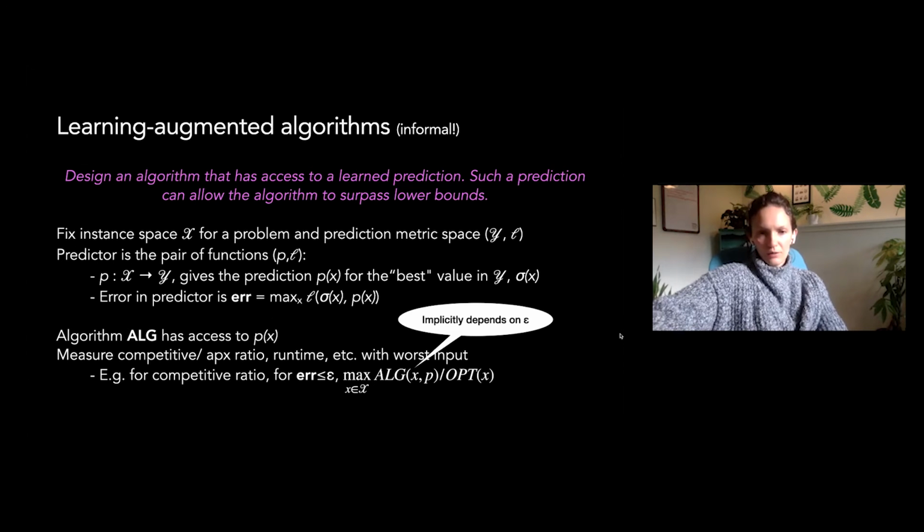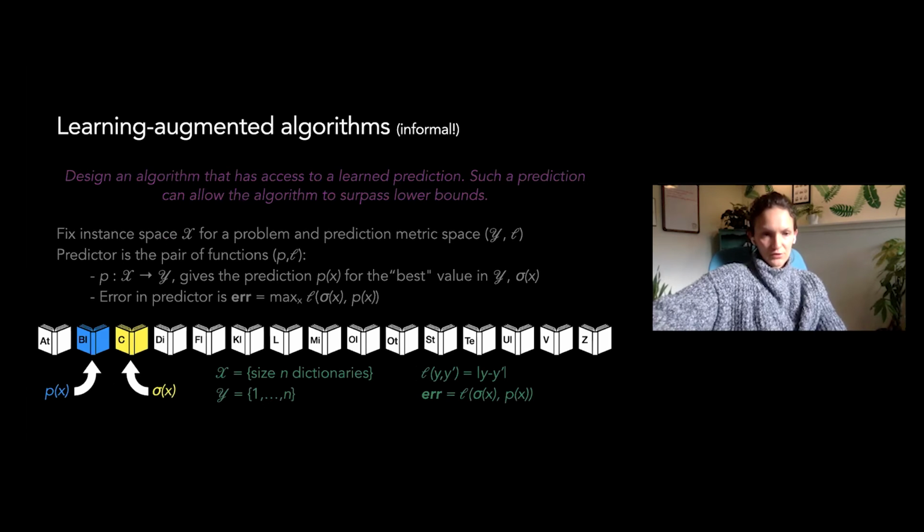Okay, so we'll say exactly what that means, referring back to our examples now. For our dictionary example, my instance space is size n dictionaries. My predicted labels are the predicted indices where I could be trying to find my book. And then the loss between my indices is just going to be the absolute value between them.